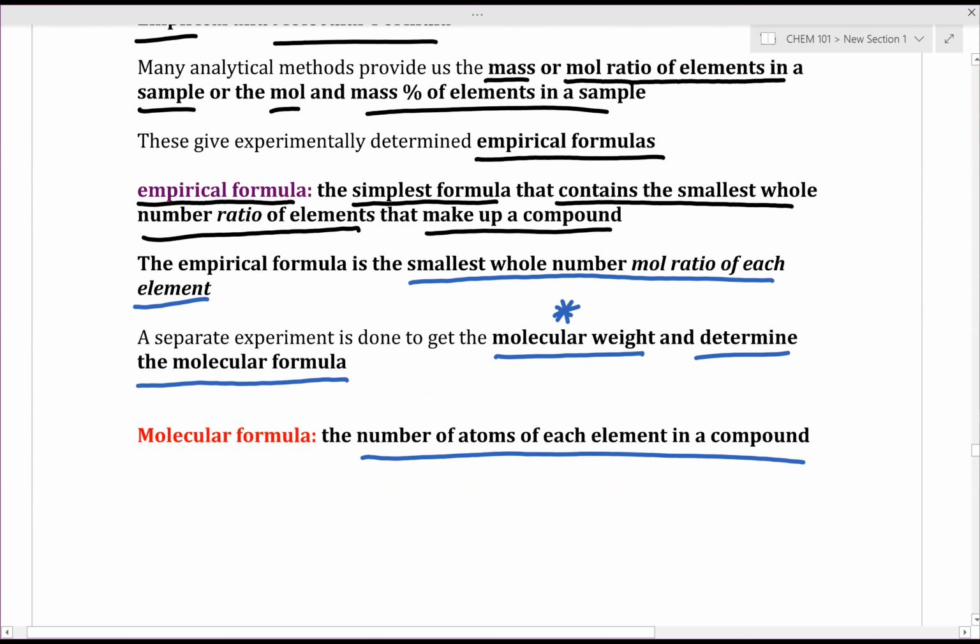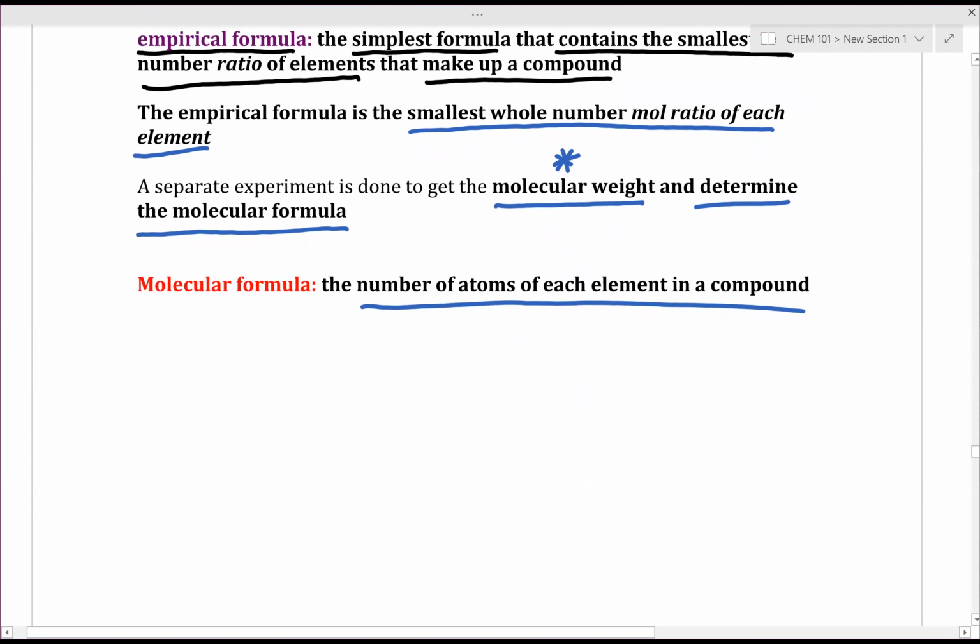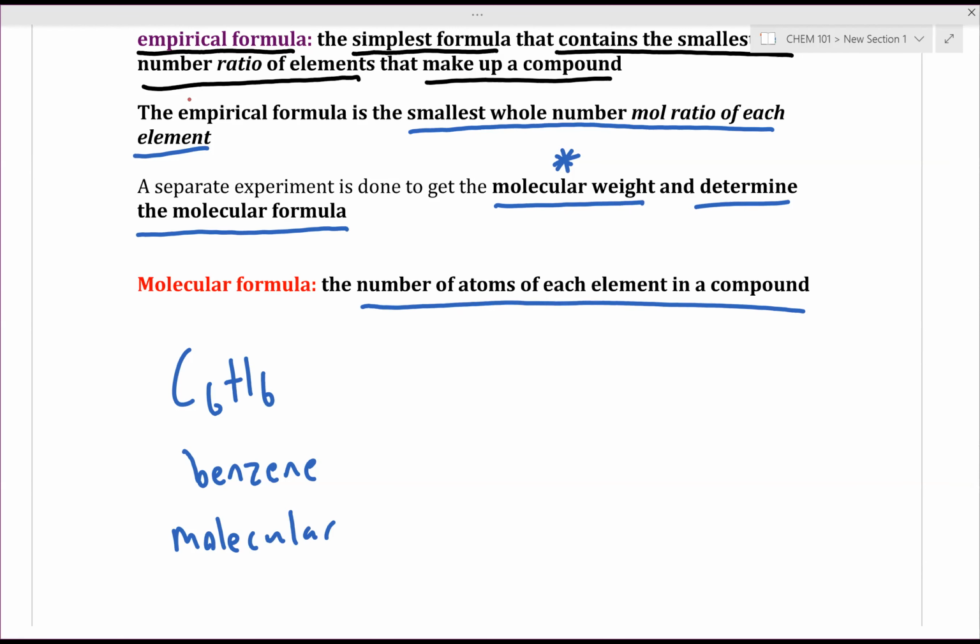So let's look at an example of a molecular formula. For example, C6H6 is the formula for benzene. So this is our molecular formula. If we wanted to look at the simplest ratio of elements in this compound, how many moles of carbon do we have in this compound? Theoretically, 6. So we'd expect 6 moles of carbon per how many moles of hydrogen? 6.